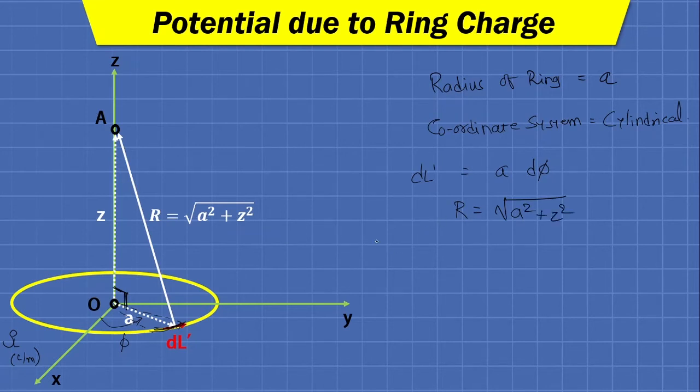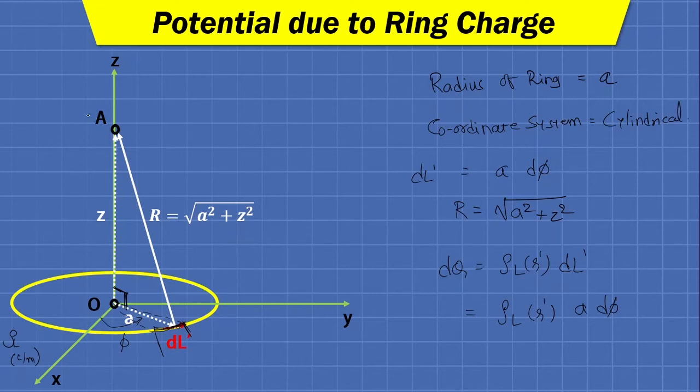Now, what will be the amount of charge on this small length dl prime? Let us say dq equals rho l as a function of r prime, for non-uniform charge distribution, multiplied by dl prime. Now dl prime is nothing but a d phi, so putting this value, r prime a d phi. Now we have everything necessary.